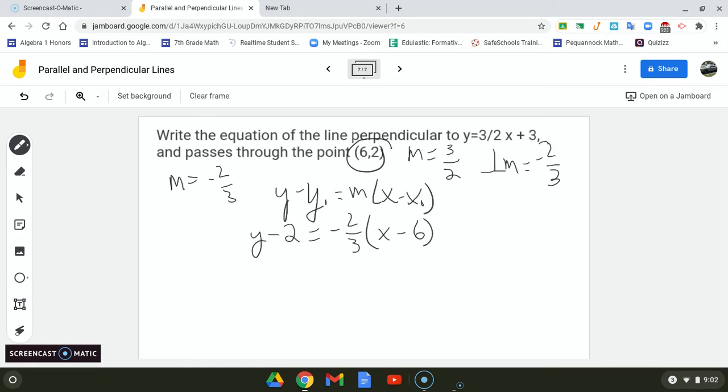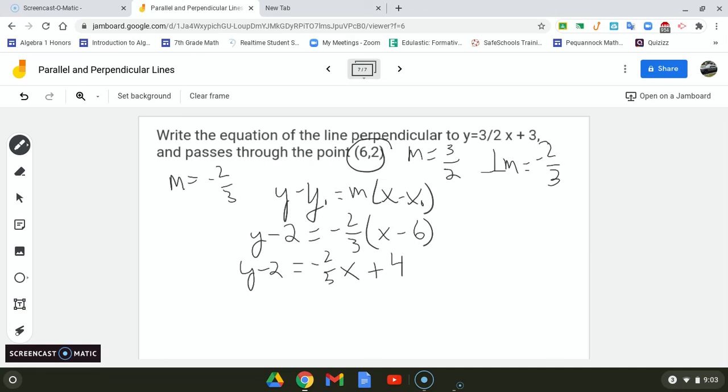So again, we've now satisfied the condition. We wrote the equation. But if you're asked to write it in slope-intercept form, which is going to be the norm, we're going to say, y minus 2 is equal to negative 2/3 x. And then we have a negative times a negative, which is going to be a positive. And 2/3 of 6 is 4.